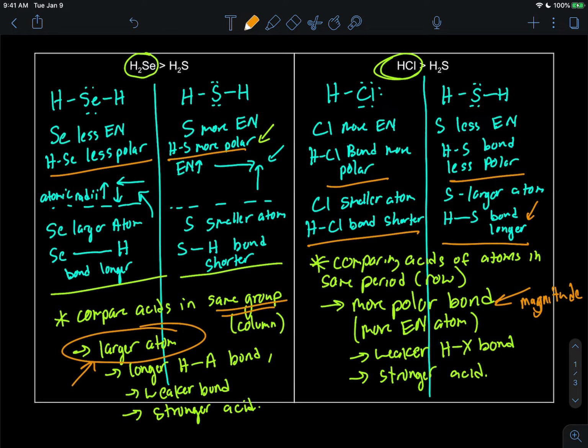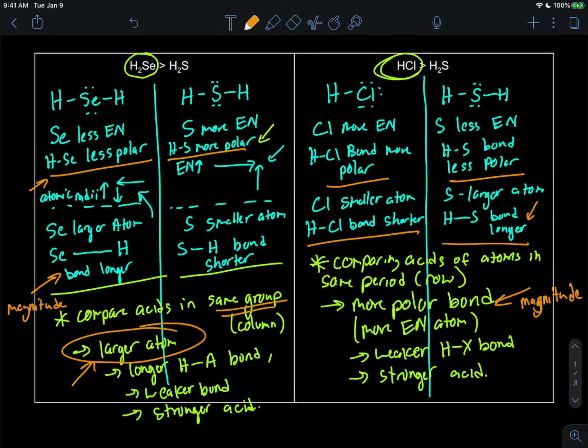Whereas if we look at selenium and sulfur, what we'd see is that the magnitude of difference is so much greater for the bond length of hydrogen-selenium versus hydrogen-sulfur compared to the difference in polarity. We would observe that because of that, bond length is going to be the factor that predominates the strength of this binary acid.